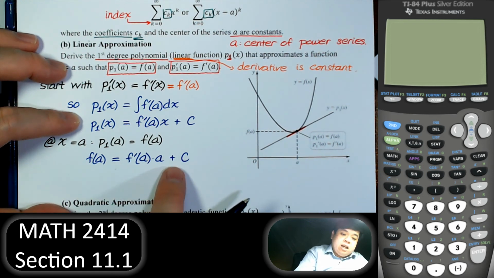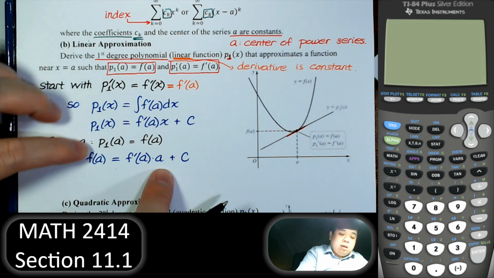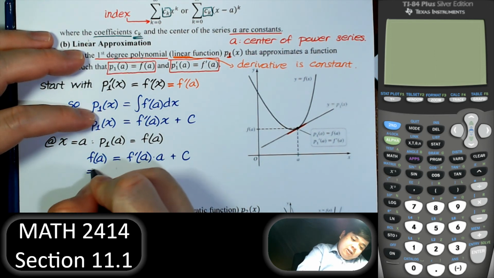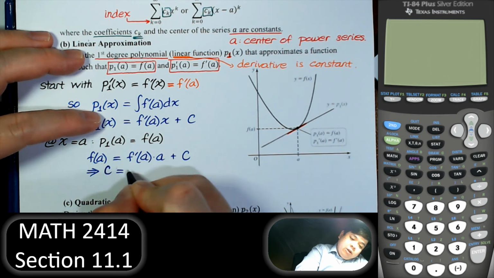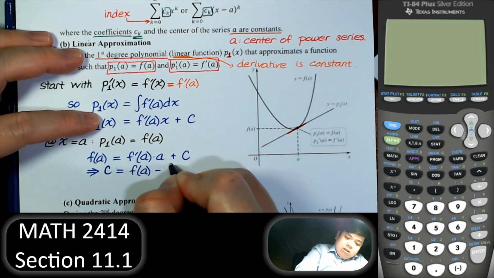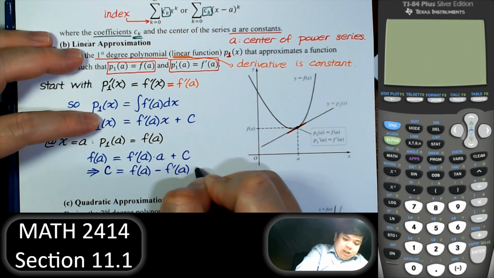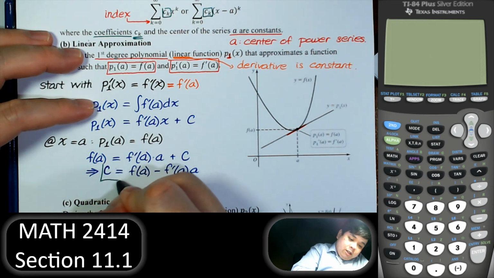From here we can say that c is equal to f of a minus f prime of a times a. Then we substitute this.